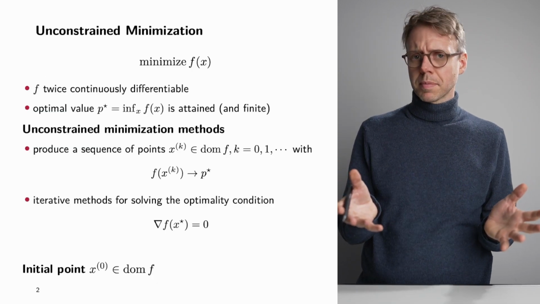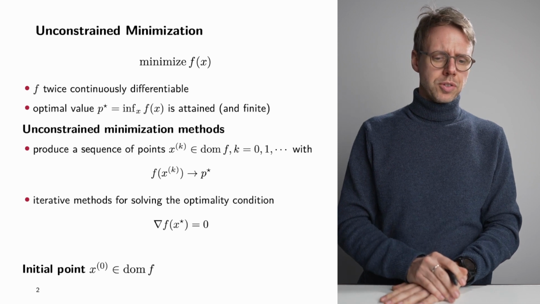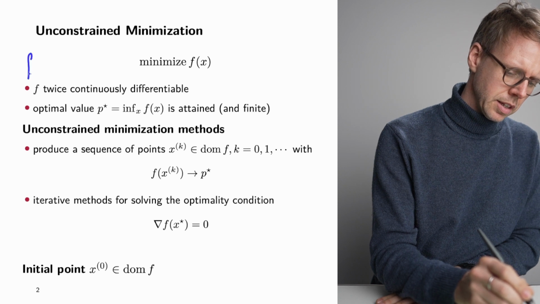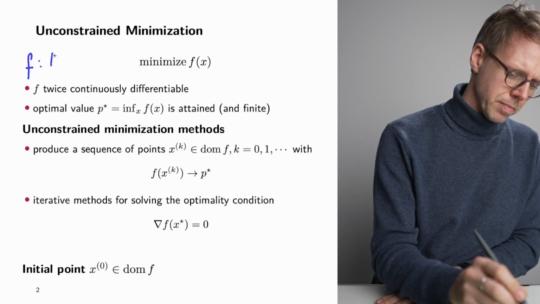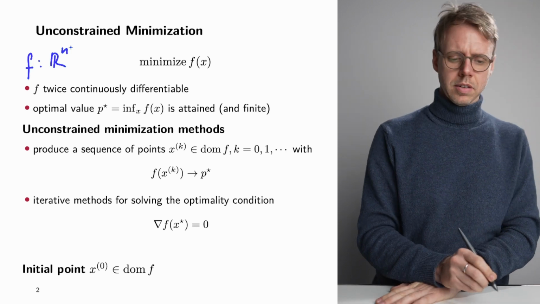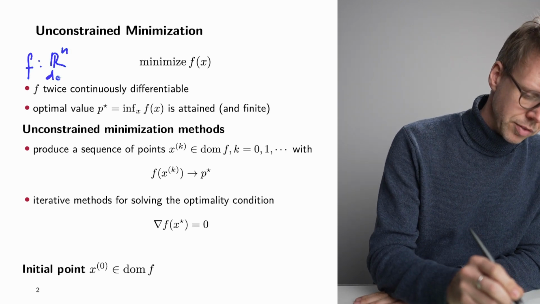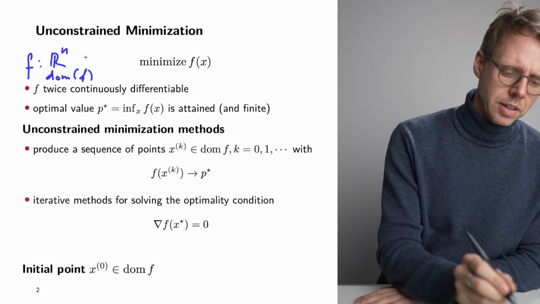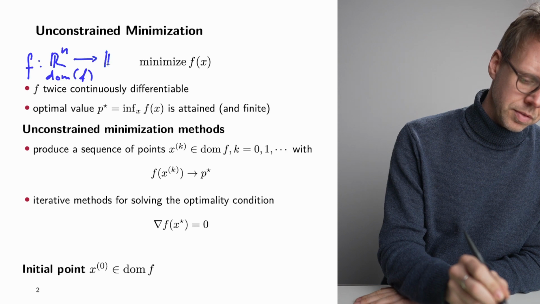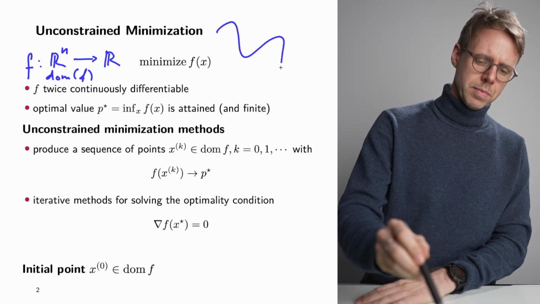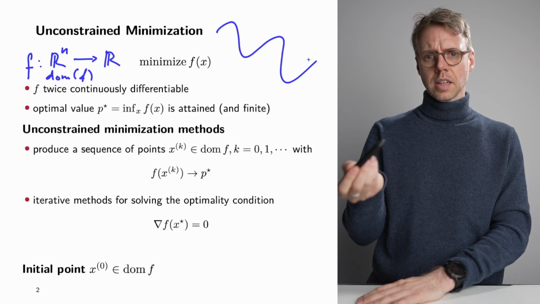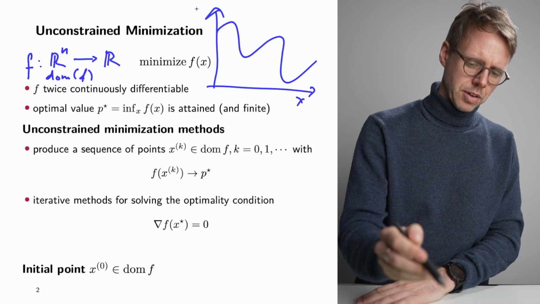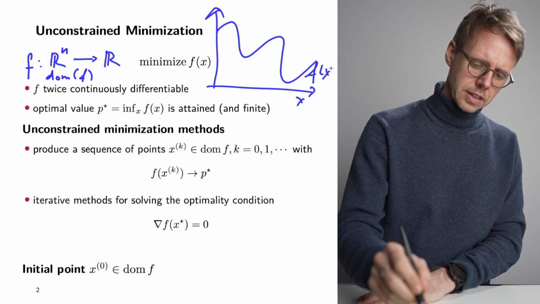So the problem statement of unconstrained minimization is that we have some function f, which would typically be going from R^n, or basically some domain of f if you want to keep it more general, to R. In one dimension, it might, for example, look like this, where we have our x and then our f of x.